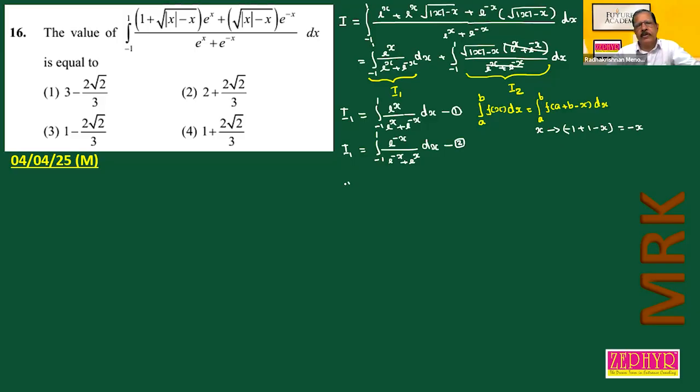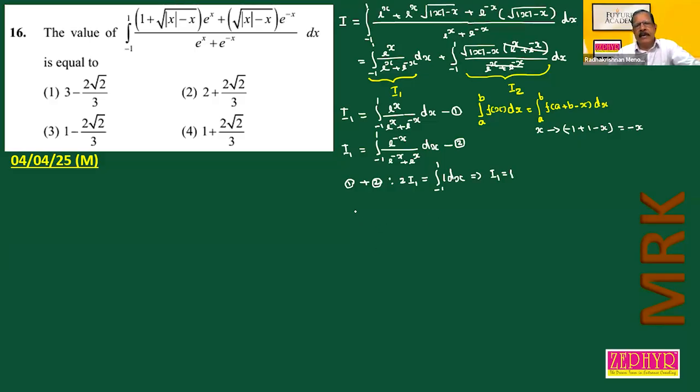You add these two, equation 1 plus equation 2. 2I1 is equal to, when you add, what will happen? This numerator and denominator will be same, so it will be getting cancelled, you will be getting 1 dx. So which implies I1 is equal to 1.